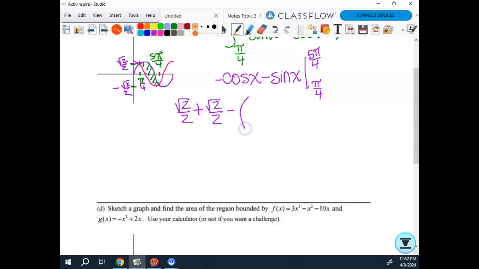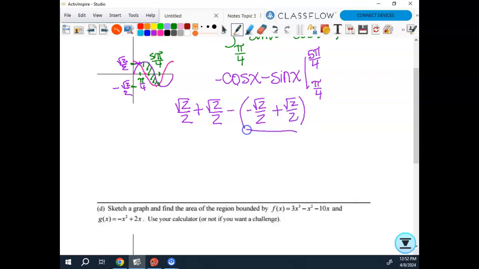Minus, and then cosine of pi fourths is square root of 2 over 2, but I got to make it negative, right? So negative square root of 2 over 2 minus sine of pi fourths is square root of 2 over 2, but I got to make it negative, so it makes it positive square root of 2 over 2, right?